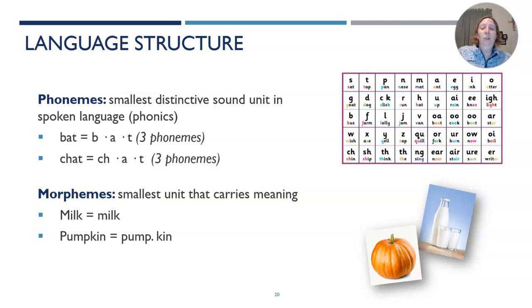Their individual meanings don't match their collective meaning of this object right here, but individually they sure do. We also might call a morpheme like a prefix or suffix, especially if it's adding something like un or ing or ed or s. So these sounds that make things past tense, present tense, plurals, undos, things like that. We'll see a few more examples as we go.